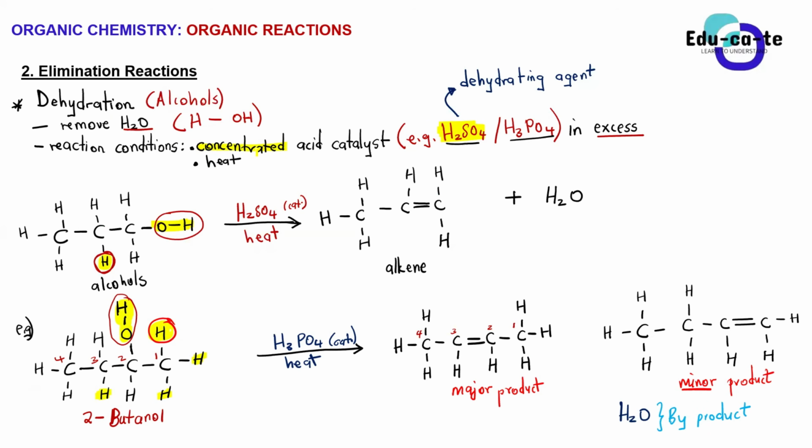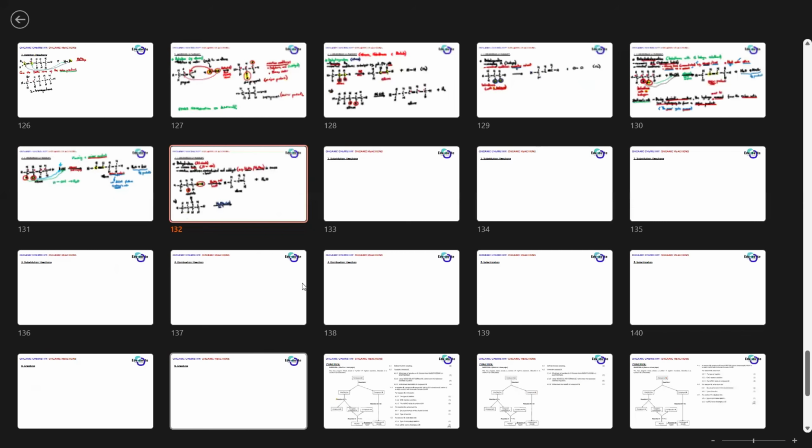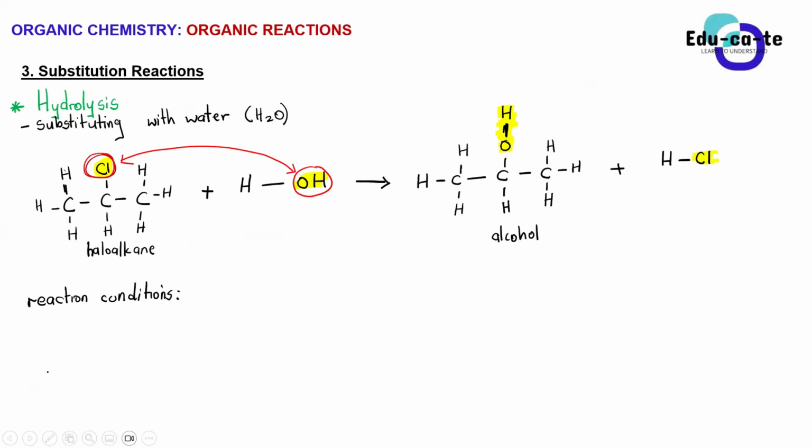But when we are doing hydrolysis reaction, meaning that we are going to substitute, we're just going to replace Cl with OH and OH with Cl. We are not adding anything. We're not eliminating. We are just exchanging two things. So we'll require dilute sulfuric acid.